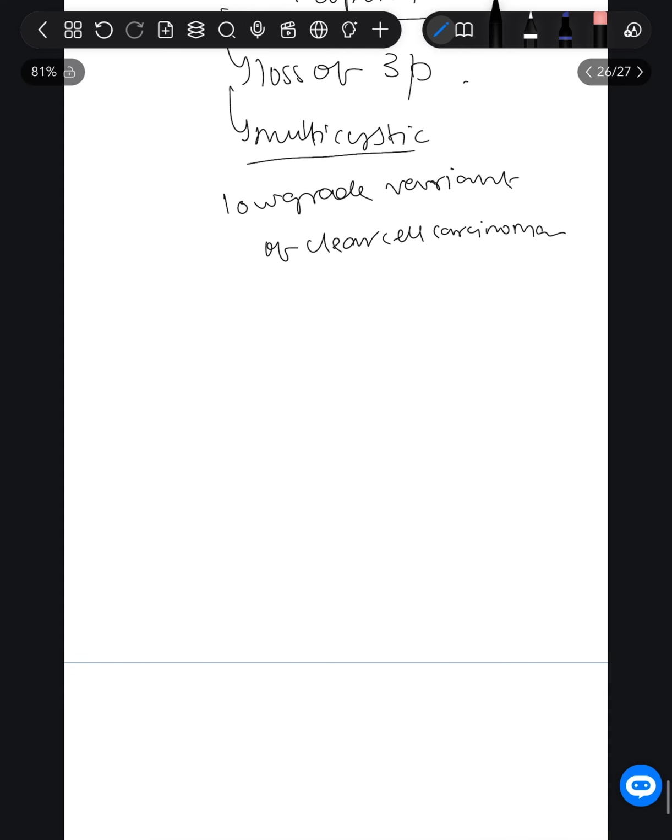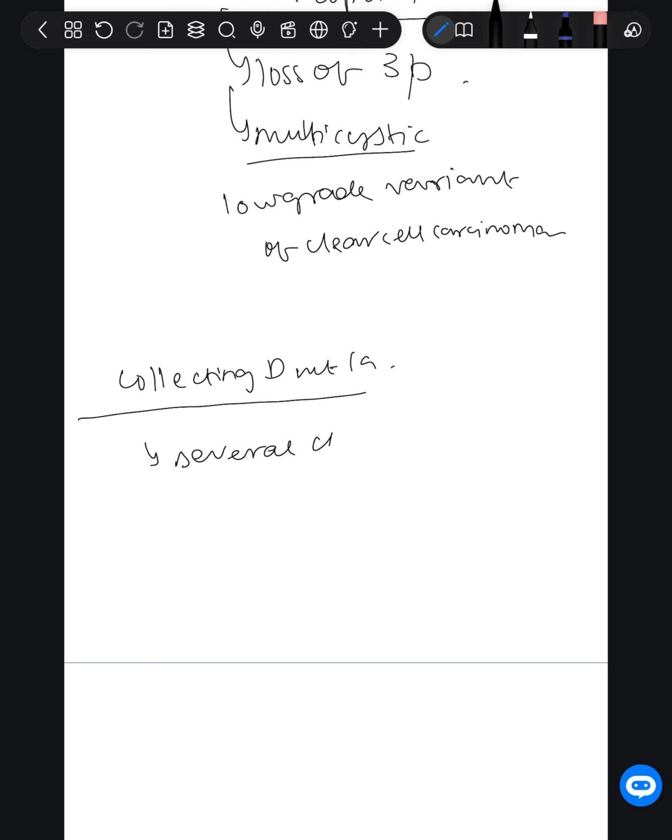Then moving on to the next one, which is collecting duct or Bellini duct carcinoma. This is also associated with several chromosomal losses, which lead to a tumor of the medulla region.